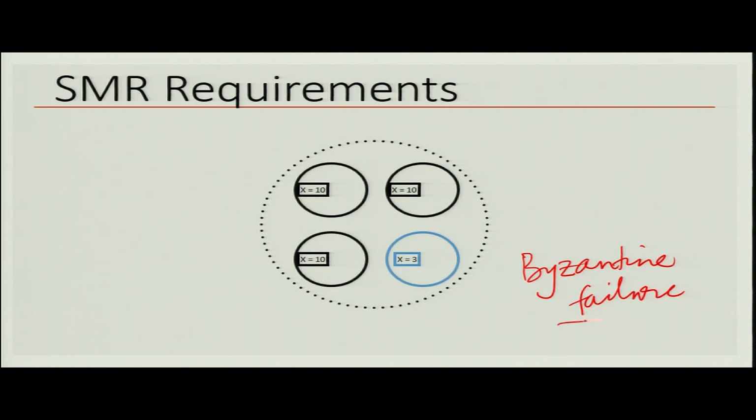So, Byzantine failure actually encapsulates many different types of behavior. For example, pretending to be dead could be a Byzantine behavior. Actually dying could be interpreted as a Byzantine behavior, or behaving differently than how it is programmed.